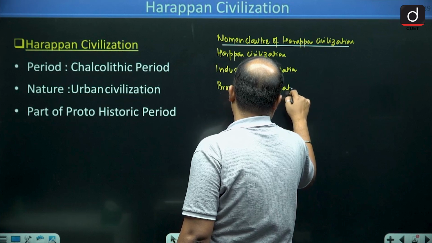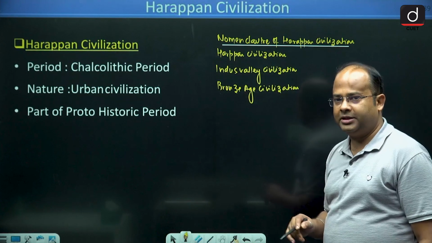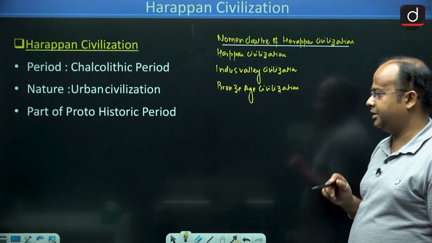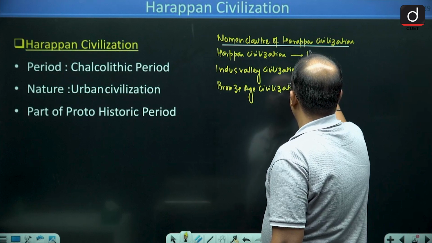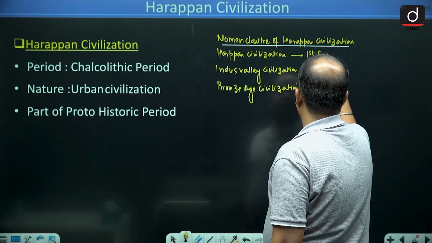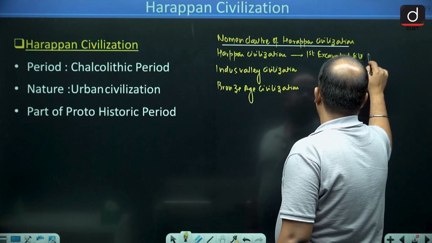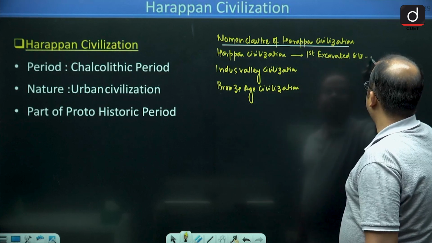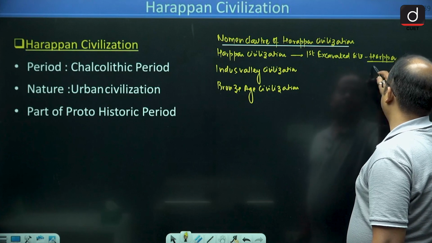So it is known by three different names: Harappan civilization, Indus Valley civilization and Bronze Age civilization. Now why is it called Harappan civilization? Because the first excavated site of this civilization was Harappa, and that was discovered in the year 1921 AD.